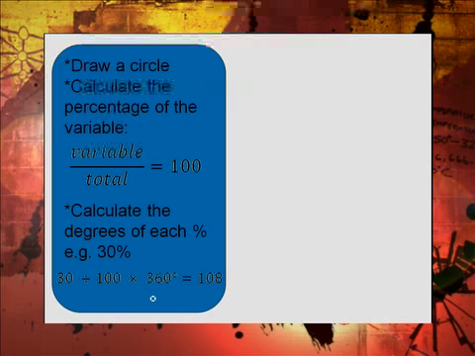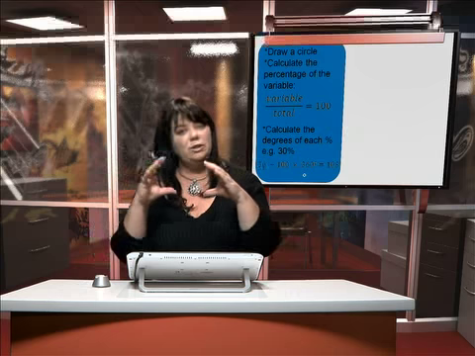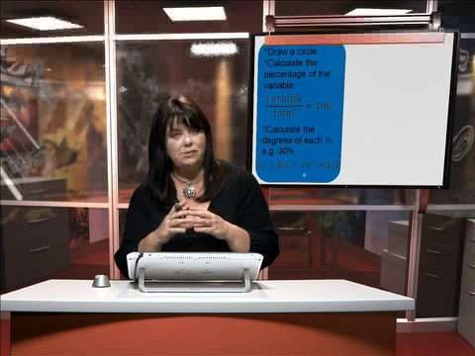You have to calculate the percentage of the variable, and what you do is you take the variable, divide it by the total, and you're going to get the percent. You now have to convert that percentage into degrees, because remember, the circle itself is 360 degrees.